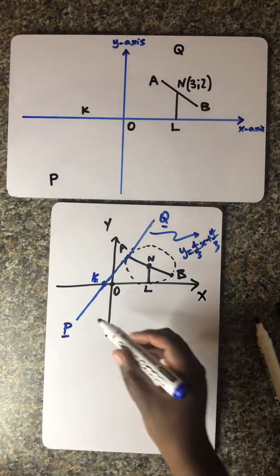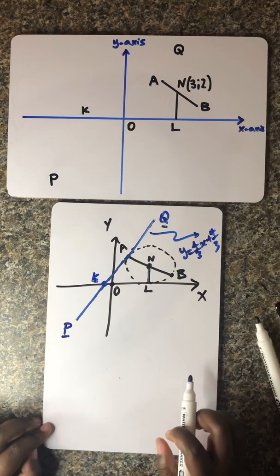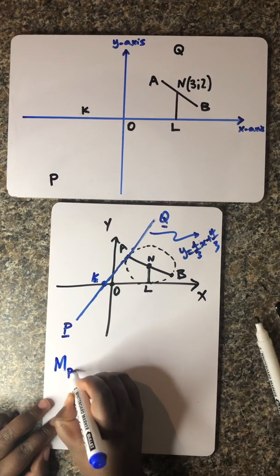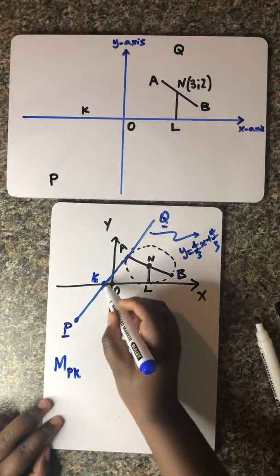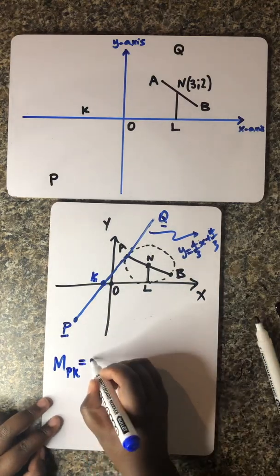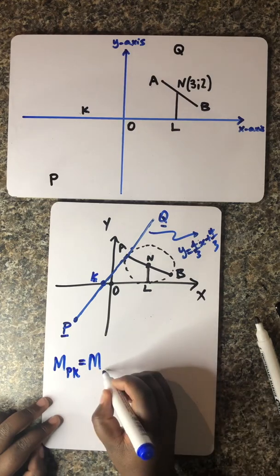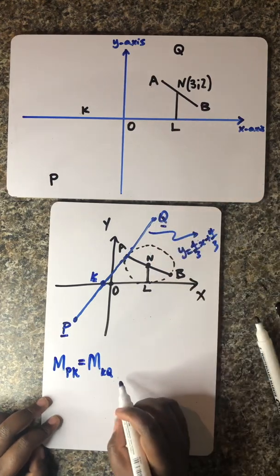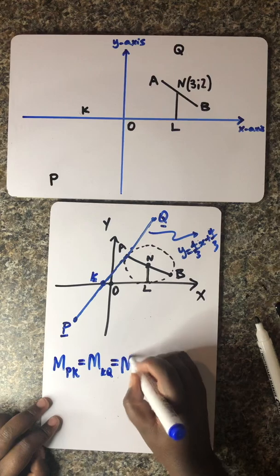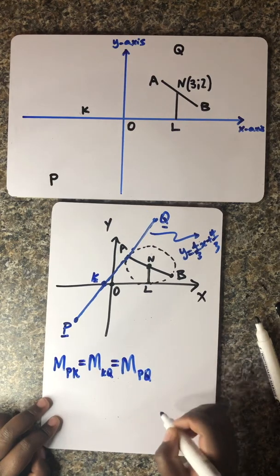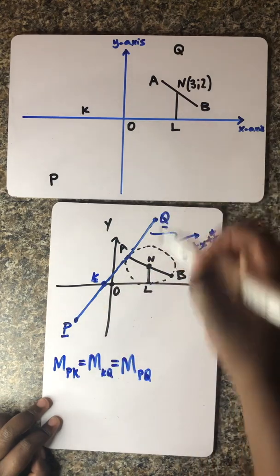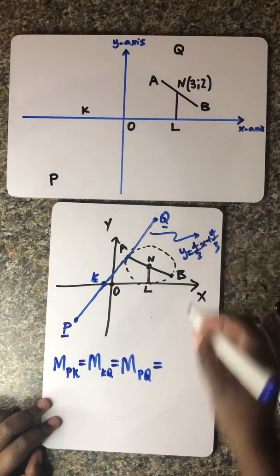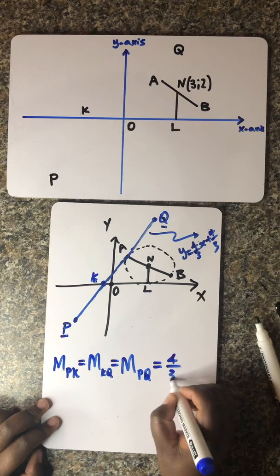Ladies and gentlemen, can I start with that straight line to say the gradient of PK, that means the gradient from that point to that point, is equal to the gradient of KQ, which is that point and that point, and again is the same as the gradient of PQ, that point and that point, which is equal to 4 over 3.